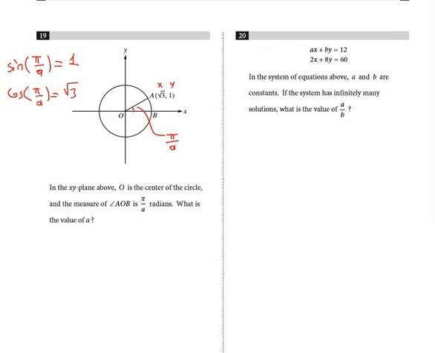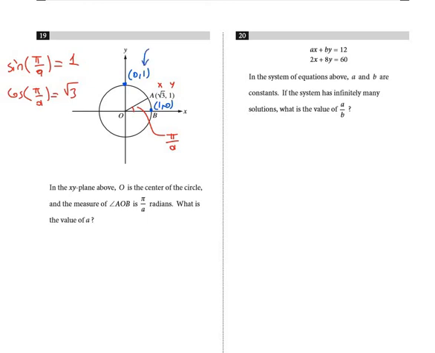So you need to know some major points. So sine of what gives me 1? Let's see, this is the unit circle. This point is 1, 0. This here is 0, 1, bingo, so we have 1 here.